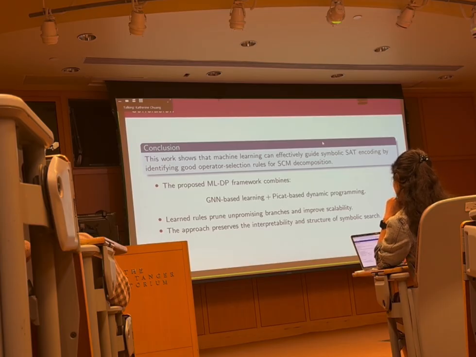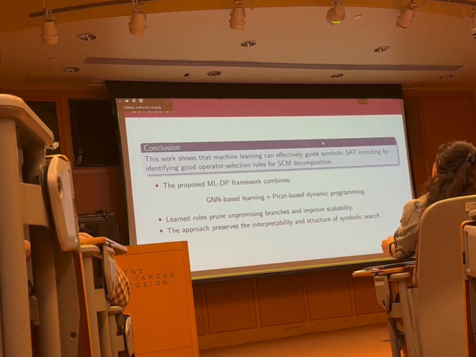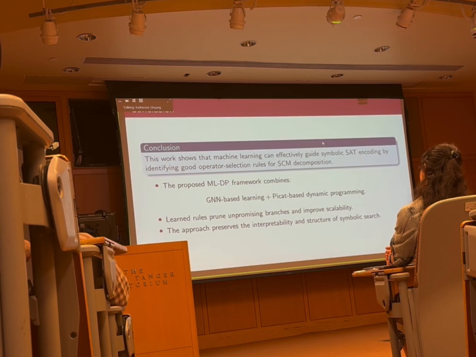And the overall framework is summarized as one component being the GNN-based learning, which we then integrate into the PyCAT-based dynamic programming there. But I think the most important thing is PyCAT's power, because not only GNN, maybe we can use other machine learning tools there, but the most important thing is the performance of the solver that can lead to a better solution.